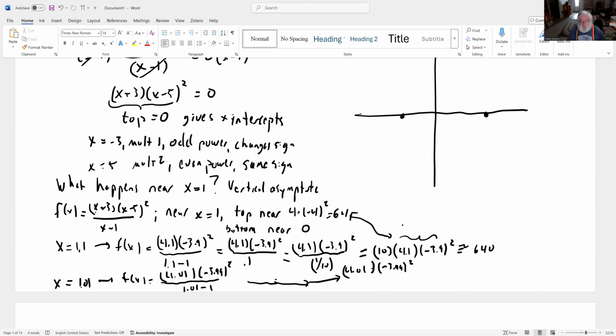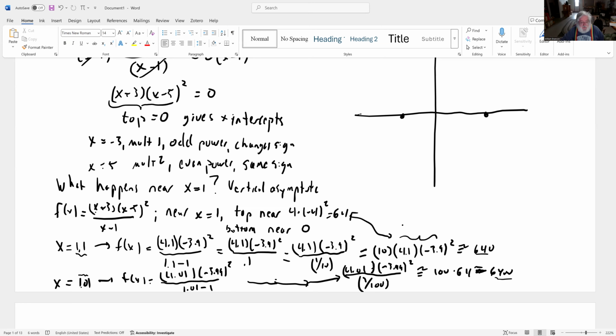That's really close to 64 now. 1.01 minus 1 is 0.01, but 0.01 is 1 over 100. So this becomes about 100 times 64, which is equal to 6,400. So as we get closer and closer to 1, right, 1.1, 1.01, the y values that are coming out are getting bigger and bigger and bigger.